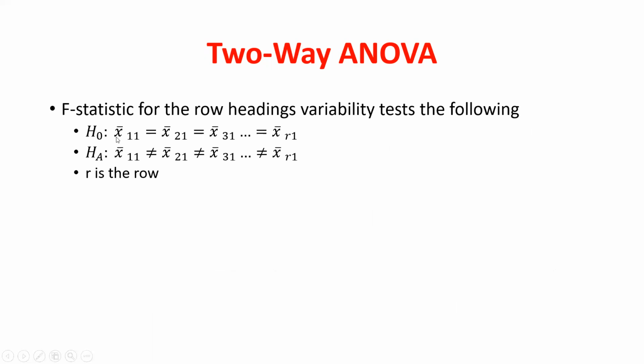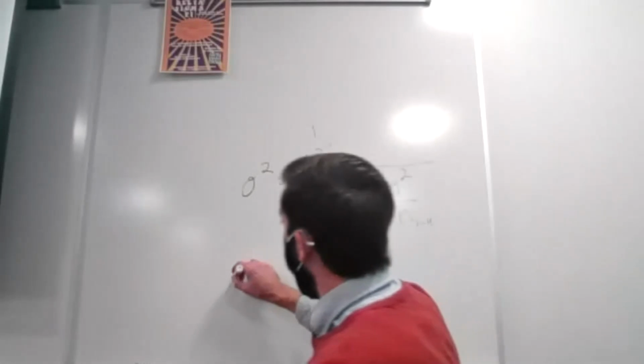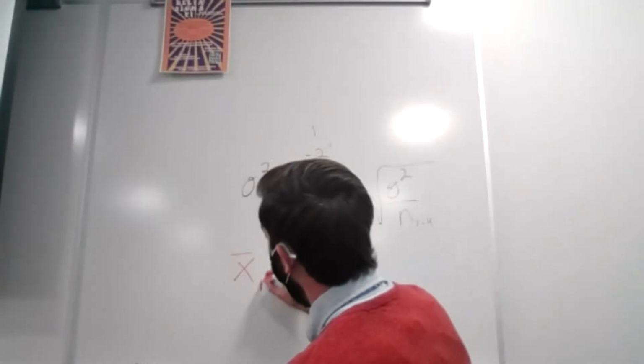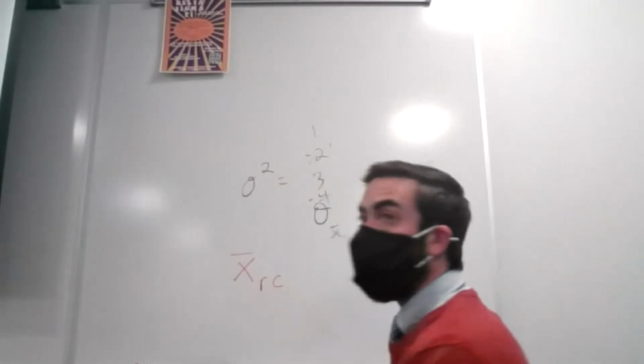Okay? So the way that I've written this here, actually, I think I copied and pasted. These shouldn't be sample means. These should actually be what the true population means are, right? But what it's saying is, I'm going to assume that if I hold constant this column, right? So the way that I'm writing this, think about this as the sample mean that comes from some row and some column.